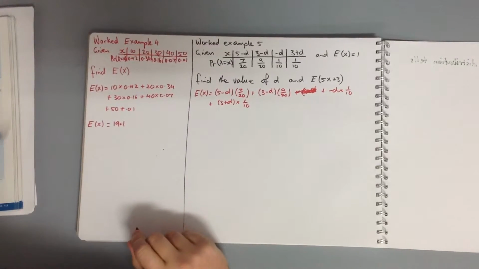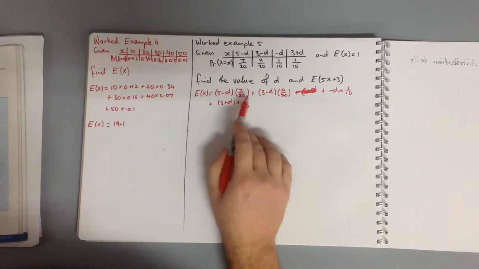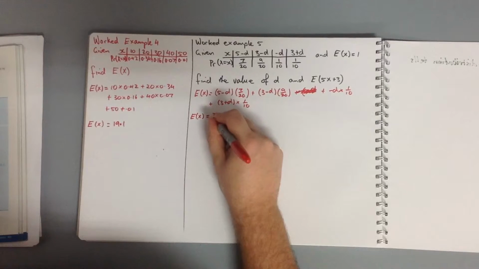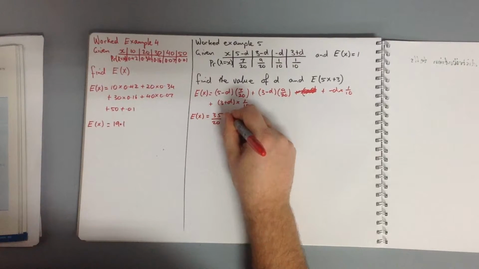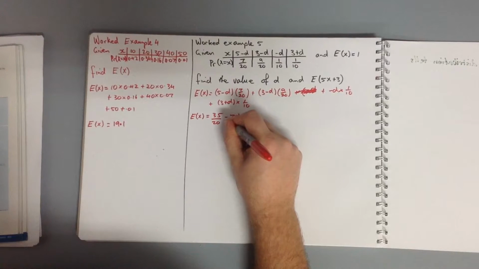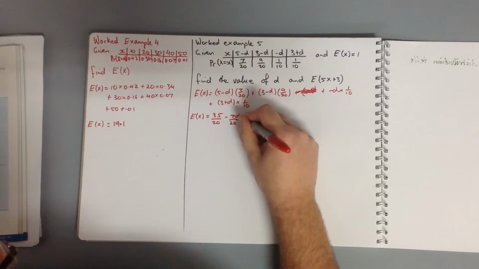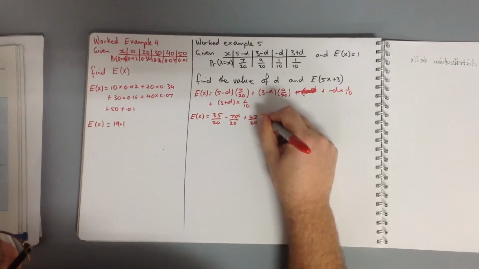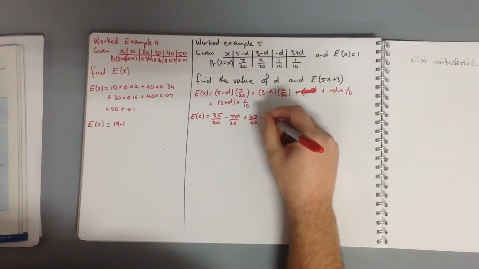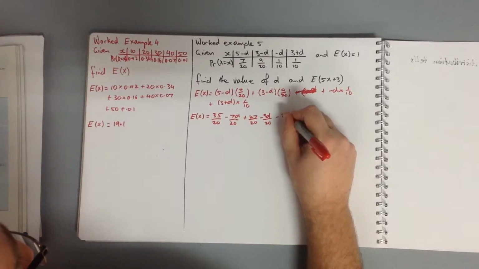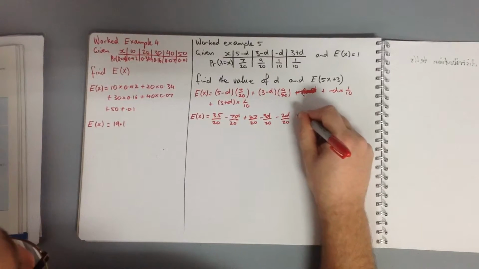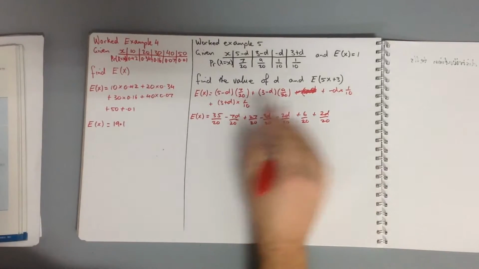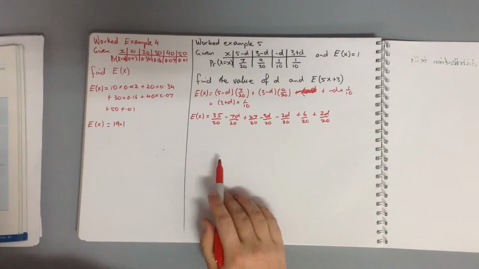If we expand out our brackets, we find that E of x is equal to 35 on 20 minus 7d on 20, plus 27 on 20 minus 9d on 20, minus 2d on 20, plus 6 on 20, plus 2d on 20. That's expanding out our brackets and having all our denominators as 20.